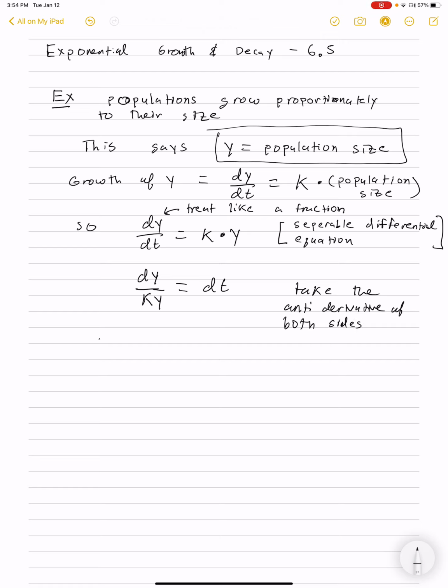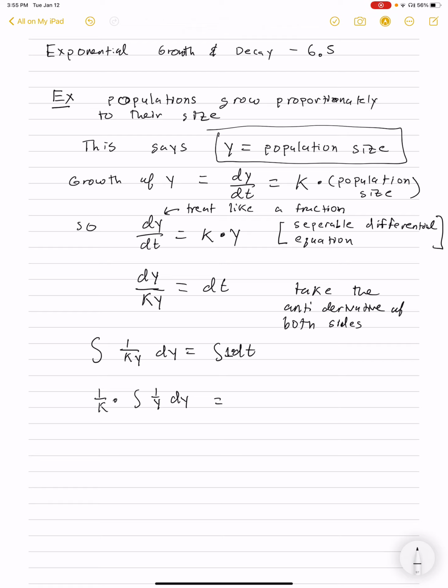Okay, so I have the integral of 1 over k times y dy is equal to the integral of dt, which is the same as 1 times dt. The left-hand side is going to be 1 over k times the antiderivative of 1 over y dy.